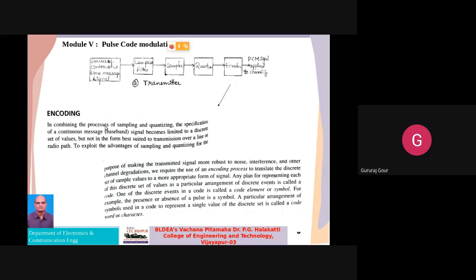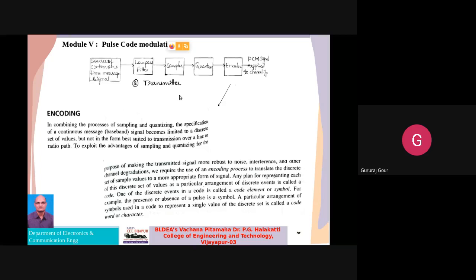In combining the sampling and quantizing, the specification of the continuous message or baseband signal becomes limited to a discrete set of values, but not in a form suited for transmission over the radio path. This is a very important statement, guys. How can you understand this?